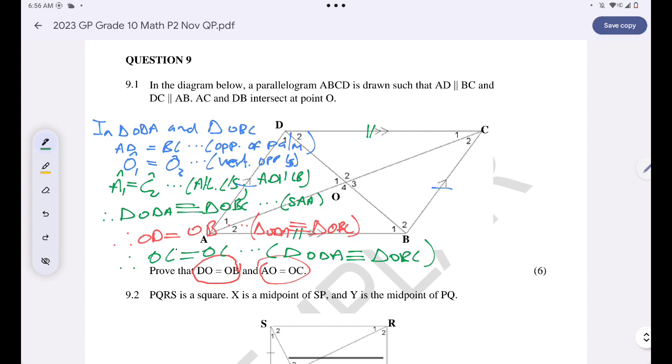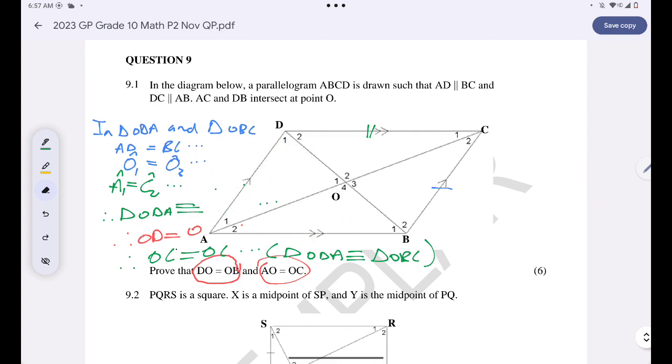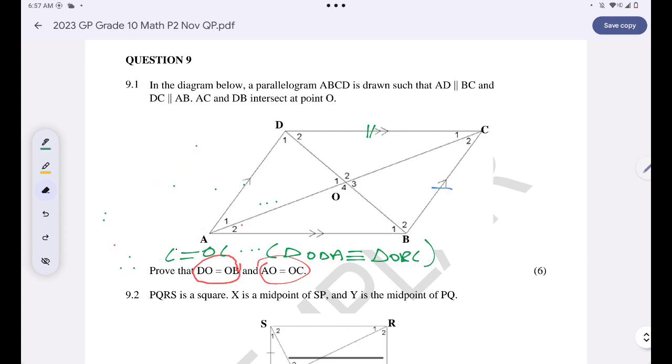You must first prove congruency, and then after proving congruency, it will be evident that this length is equal to this one.